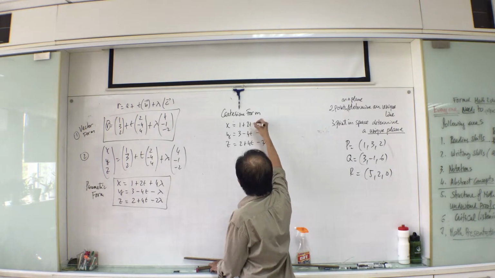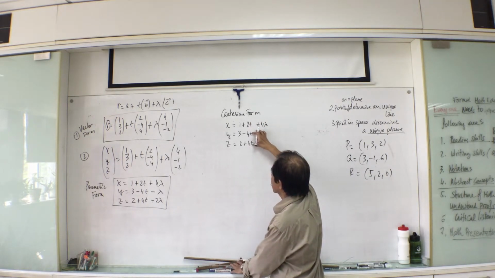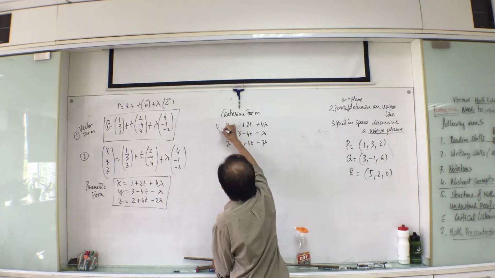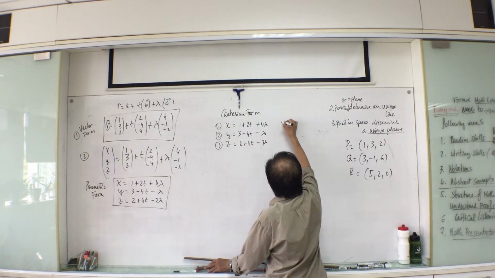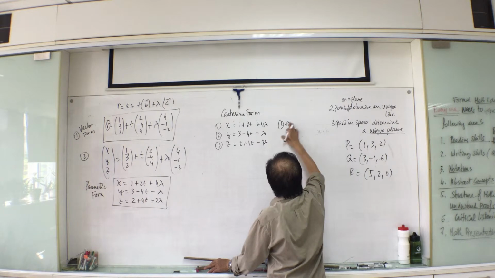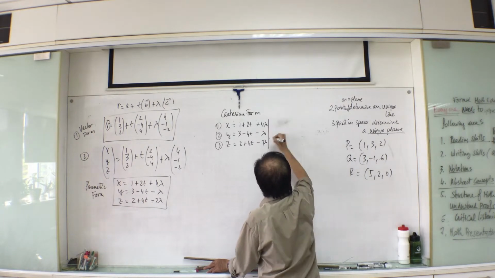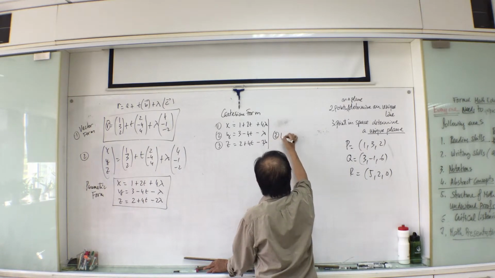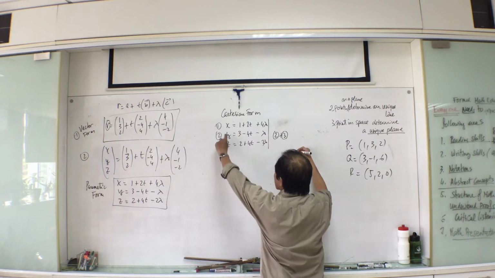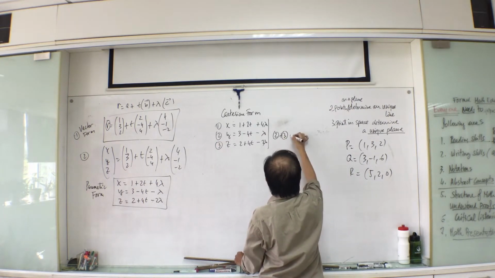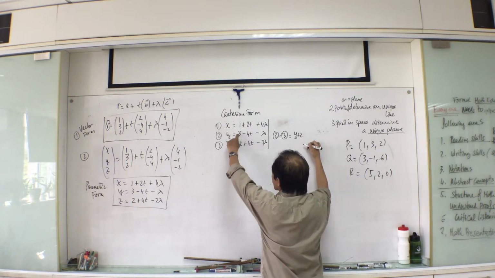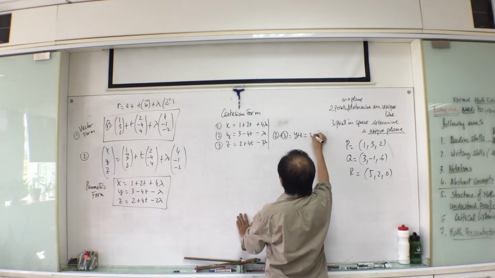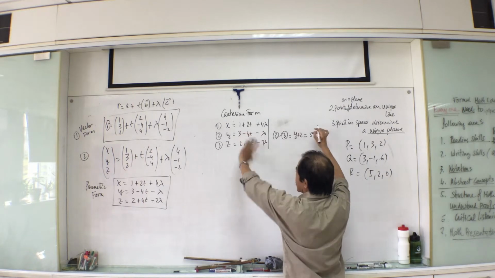Looks like I want to get rid of t. The first thing looks easy, right? If you add equation 2 and equation 3, what do you have here? You have y plus z equals, now 3 plus 2 equals 5. The t term is gone.